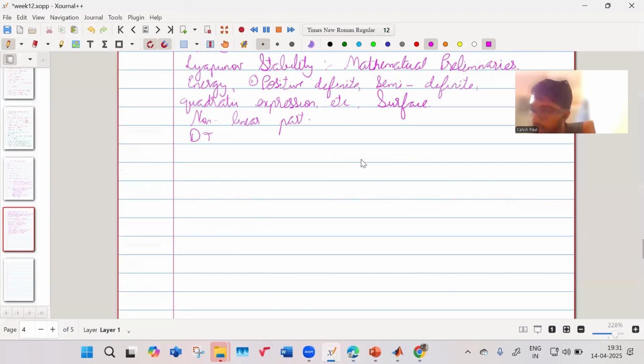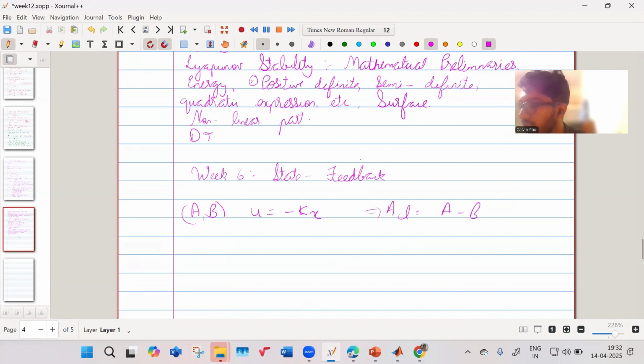Week 6 is related to state feedback. We have a system A, B. We design a controller u equal to minus Kx, which means we need to have feedback from the states, and the overall closed loop system matrix is A minus BK.